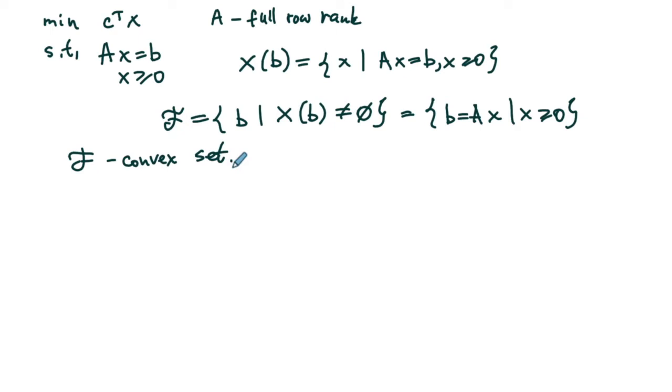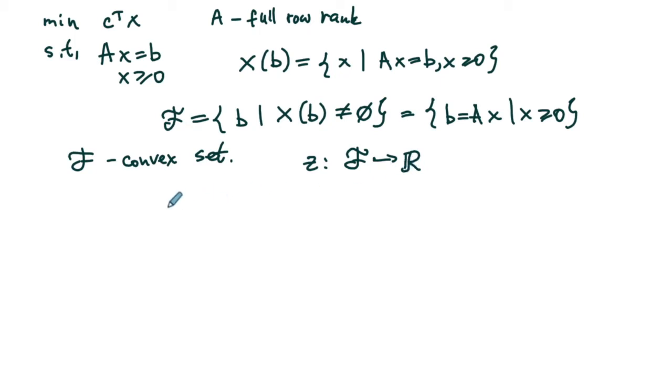And what we are interested in is to see how the optimal objective value z depends on the right-hand side b. So we are going to define our objective function value z as a function of b that will take an argument in this set F. So we are going to consider the b's for which the feasible region of our LP is non-empty, and it's going to be from F to R, because the objective function z takes a real value.